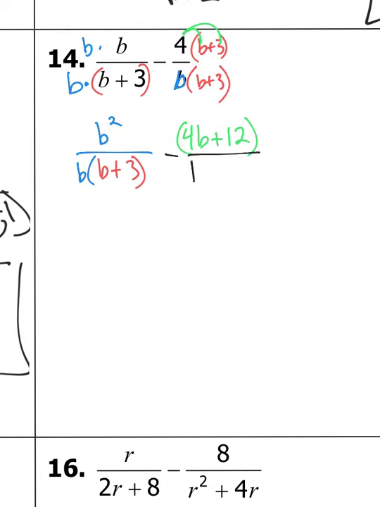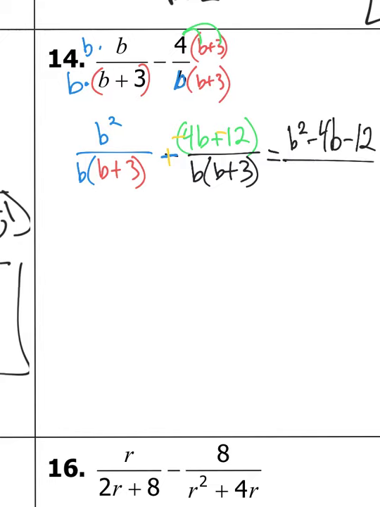But since we're subtracting, we just got to be careful, right? If we're subtracting, what I like to do is change these to the opposite signs, so that when we do this, we get b squared minus 4b minus 12. On the bottom, I get b plus 3.